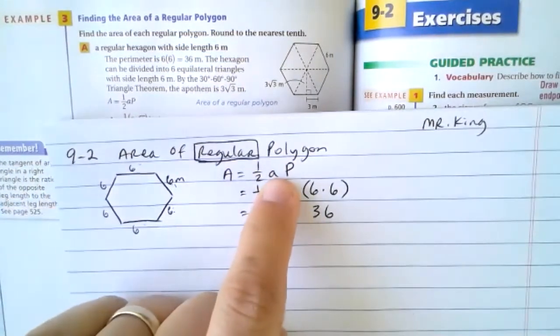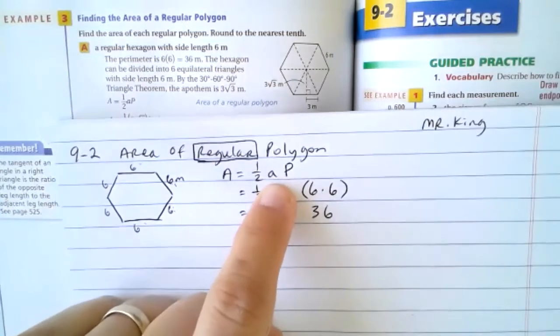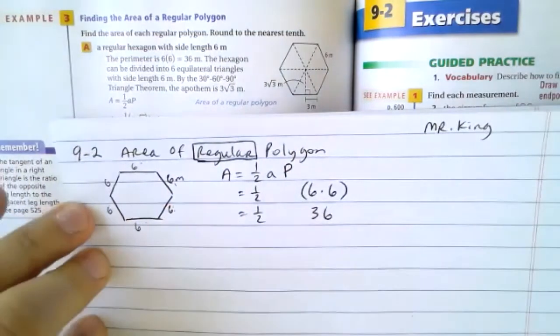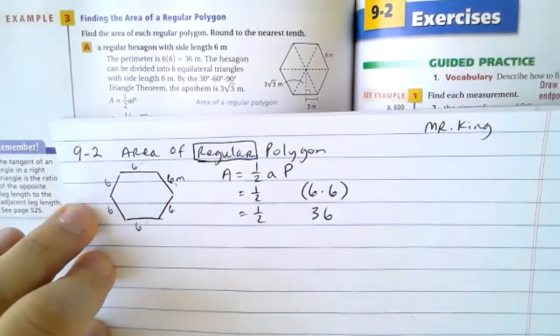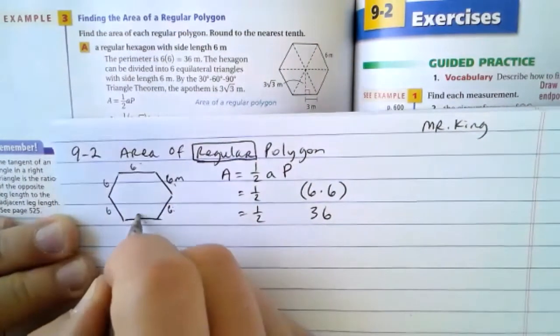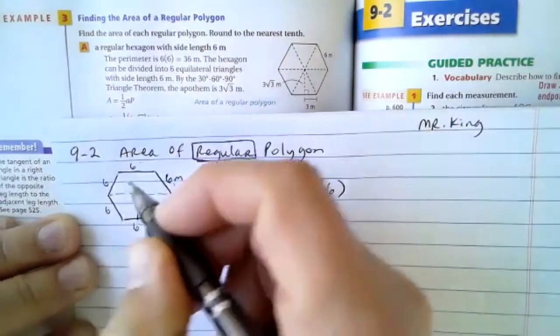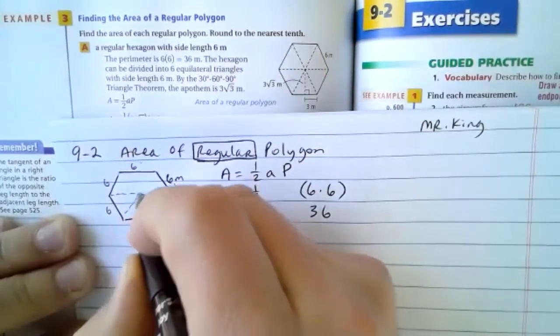But I did not talk about this little a here, which is called the apothem. It should be pretty easy to understand that the apothem goes from the center of your shape.